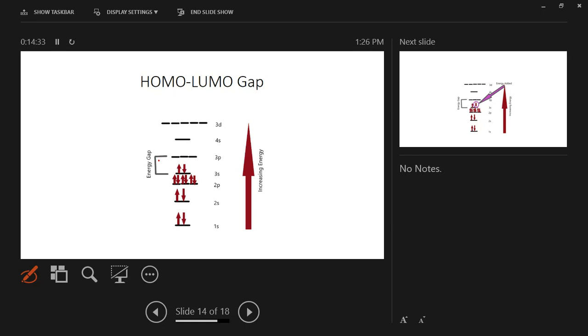So there's an energy gap here, right, between the 3s and the 3p. So the 3s would be the highest occupied orbital, and then the 3p would be the lowest unoccupied orbital. And if you add energy to the electrons, this is the electron with the highest energy, right?